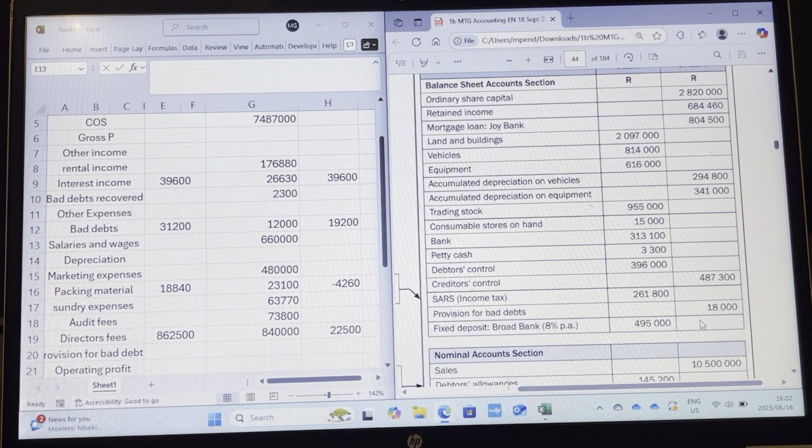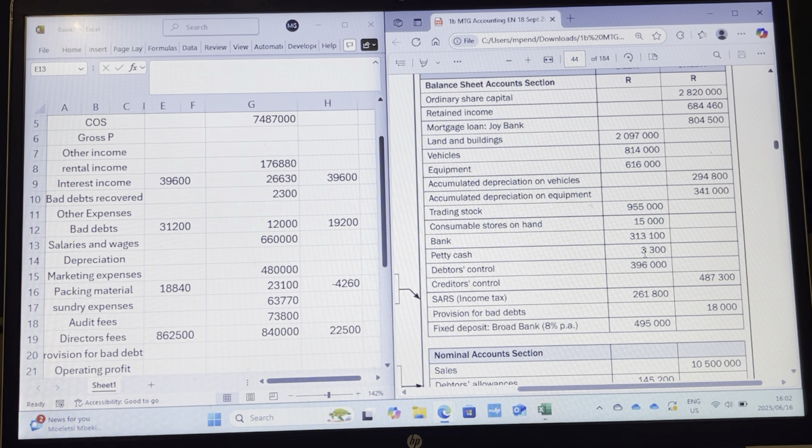So we are not told if it's 5% or 3% or whatever percentage, but it is of our debtors. And our debtors control has 396,000 in it. Now take note, it still includes the debtor that has been declared insolvent.